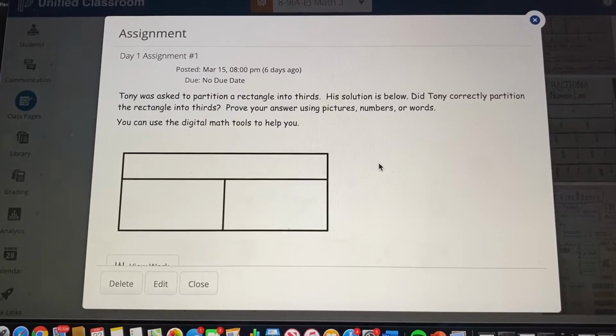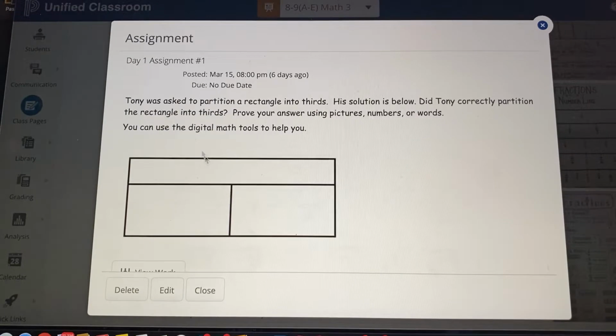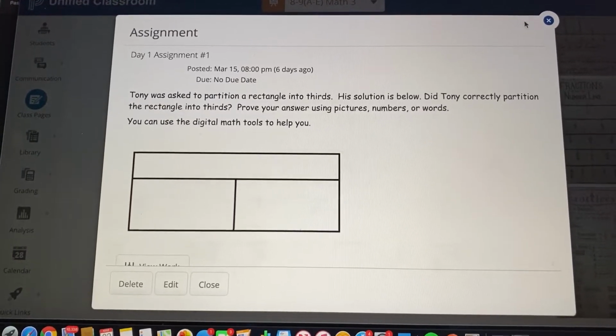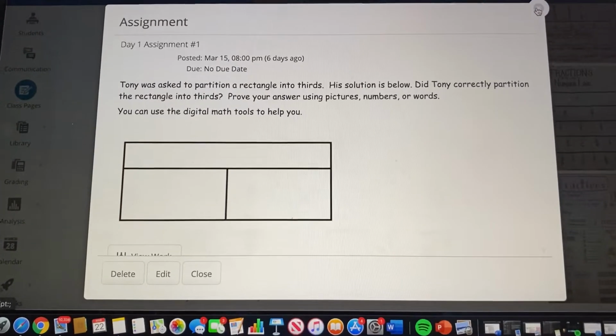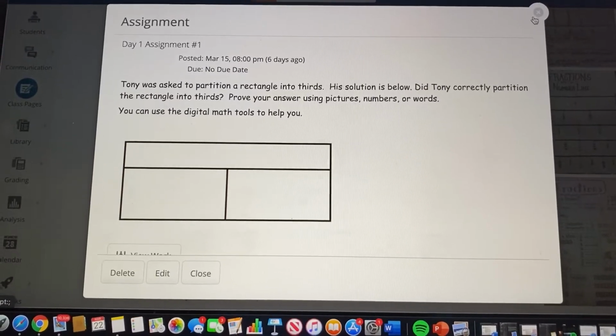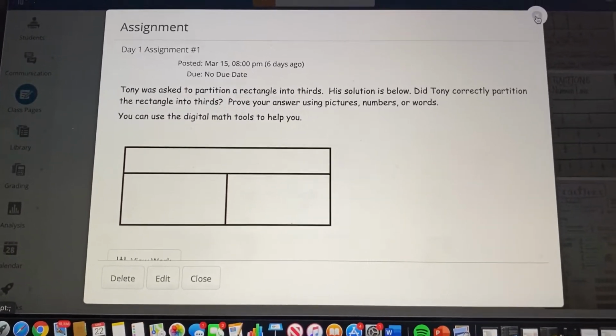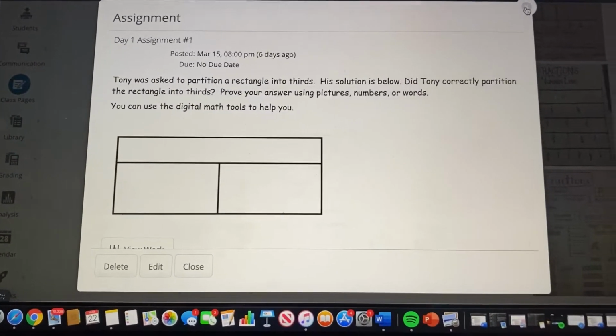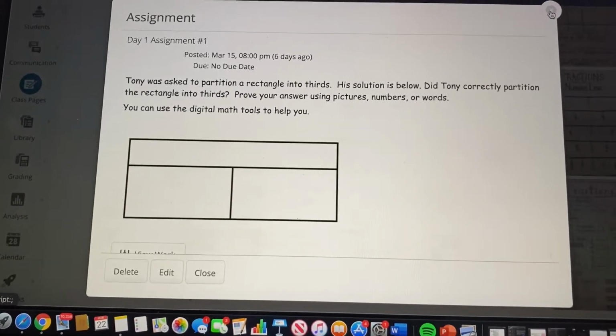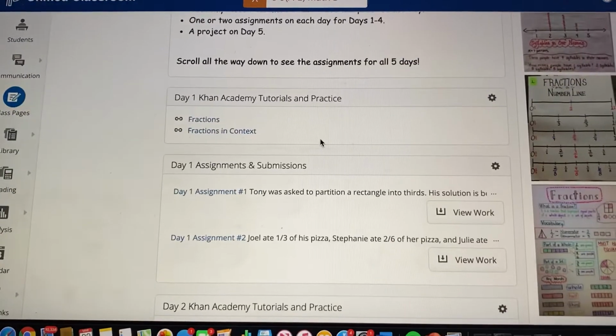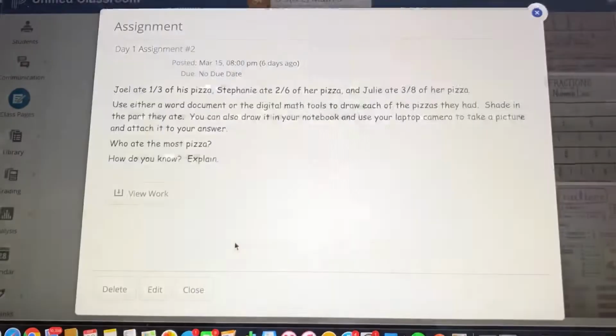However, just like we always do, I'm going to copy and paste it onto a Word document, and then we will send it to you guys through email. And then you guys can complete it there, or you guys can do it in your math notebook. I know you guys have one, so if you want to do it in there, you can definitely do it in there.